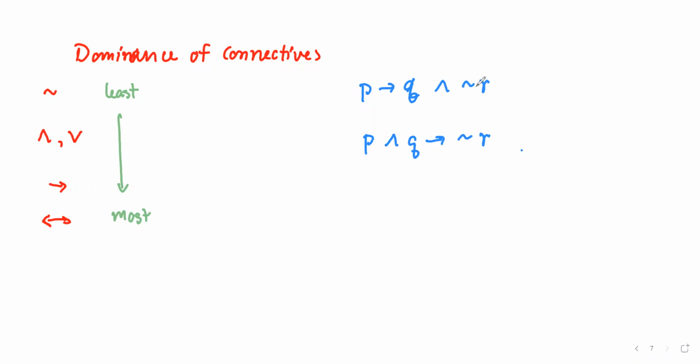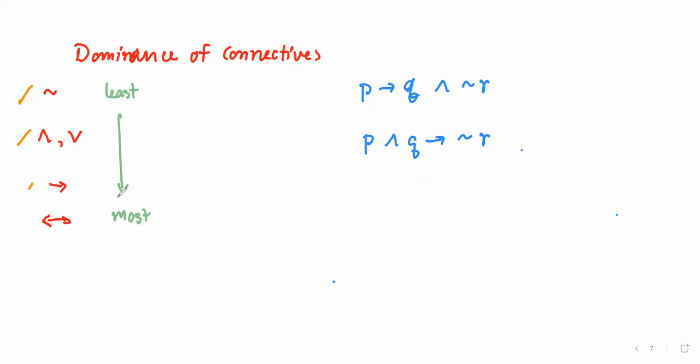The least dominant is negation, and then we have the and, and we have the if then. You can check from the list that I put over here.